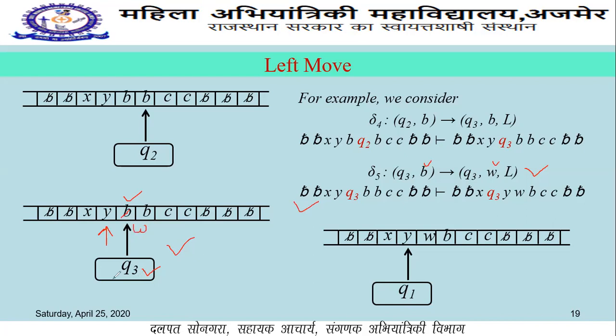The state remains unchanged, q3 to q3, and you can see these changes in this diagram. Sorry, this is q3. It is now reading y and the previous b is overwritten by w. I hope this is clear.